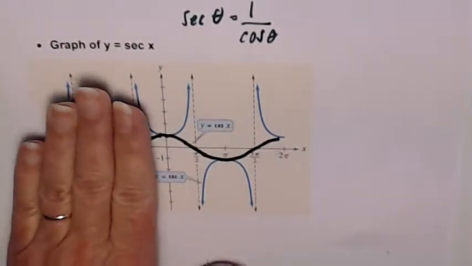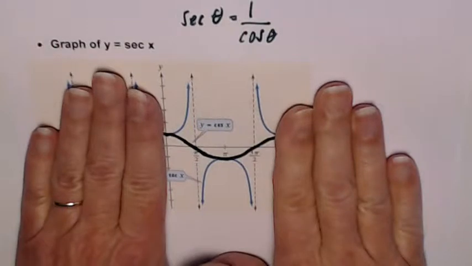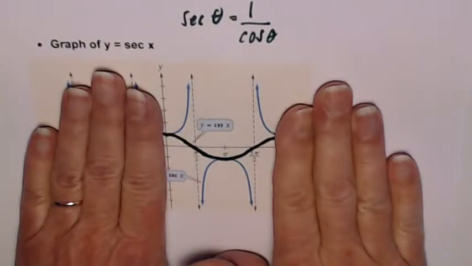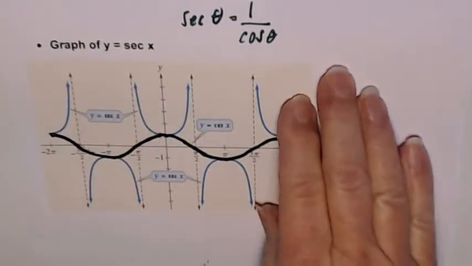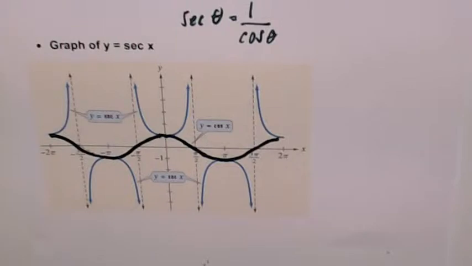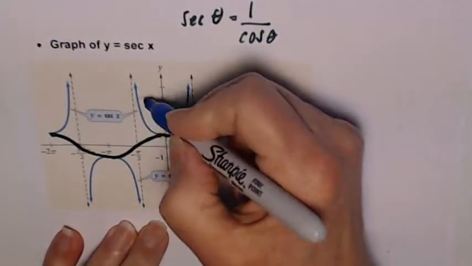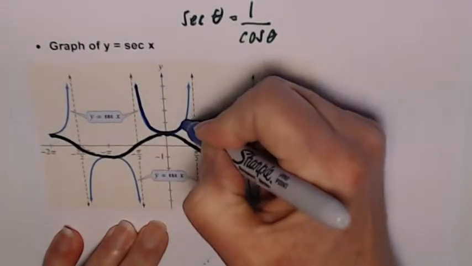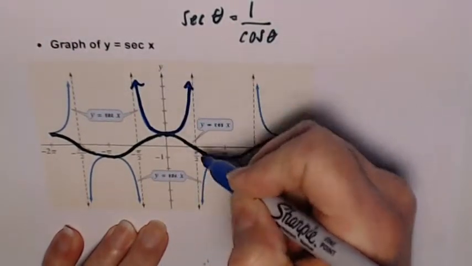So looking here between 0 and 2 pi, that would be a normal 2 pi 360-degree period for our cosine function. And comparable to what we saw when we looked at cosecant, our secant function looks like these parabolas.